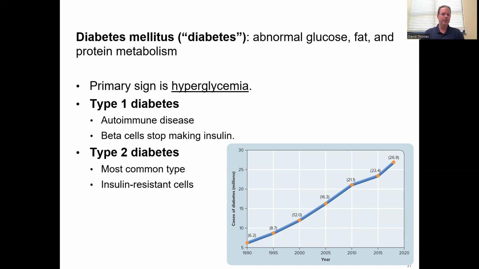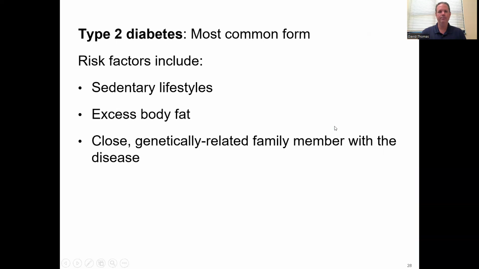Sometimes other medications can help with type 2 diabetes. Many times, after years of struggle with this, the person may end up having to take insulin. As you see in the chart here, the cases of diabetes have been steadily, actually pretty exponentially, increasing over the past 2 or 3 decades, and a lot of that seems to be connected with carbohydrate intake.